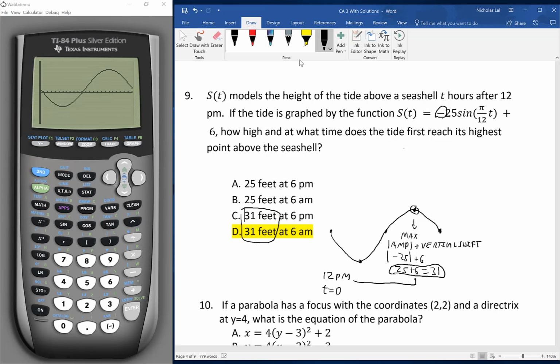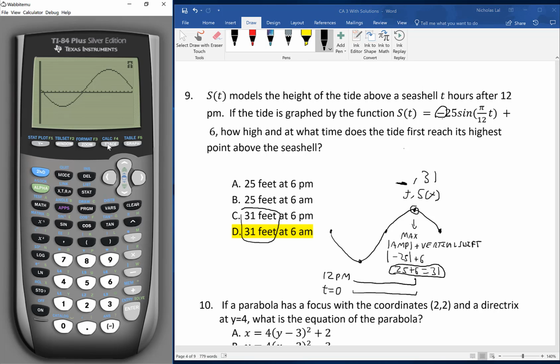That's going to be this length right here. We'll call this t. We'll have the coordinate here, t, s of t. Remember, s of t is 31. So we need to find the, for lack of a better word, x coordinate to find out how much time has passed.